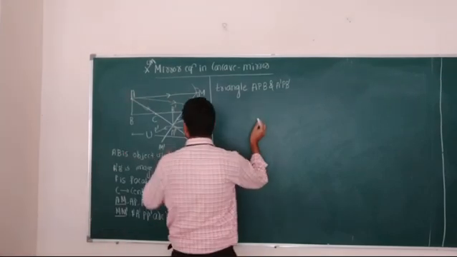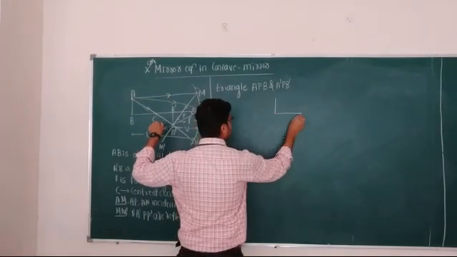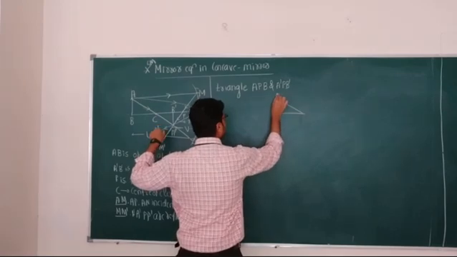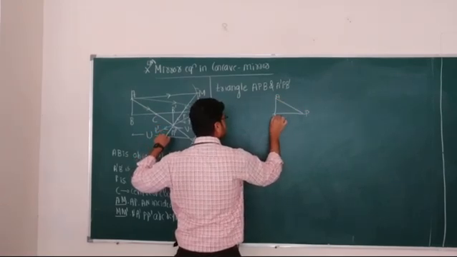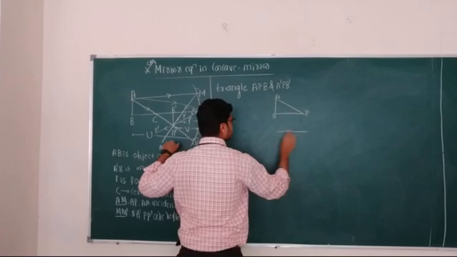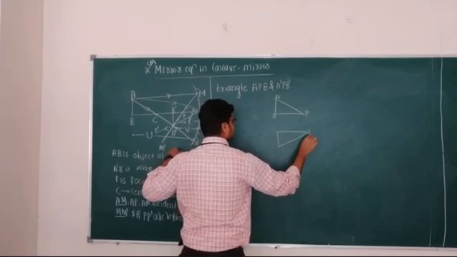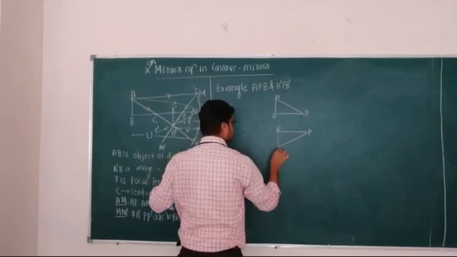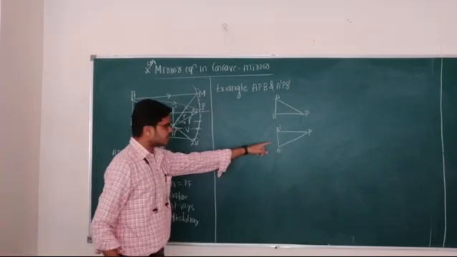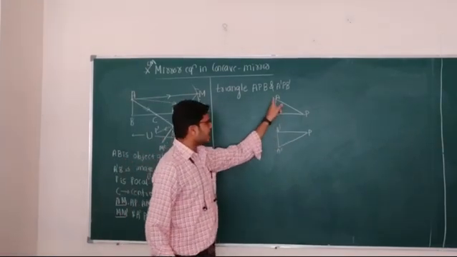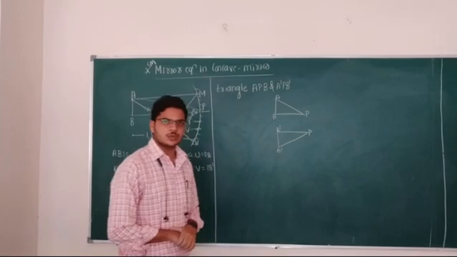Look at the triangles. How is APB? Like this. The second triangle is like this. This is P, this is B', this is A'. A'PB' and APB are the two triangles.